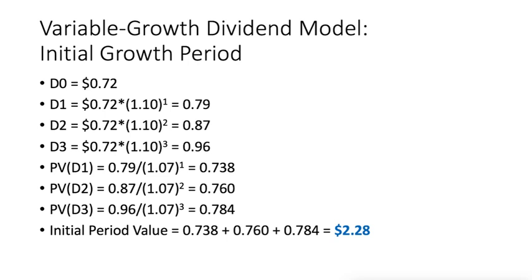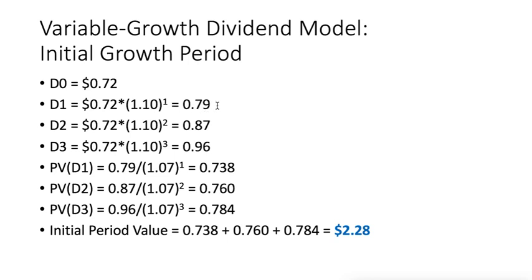Here's the setup: D0, which we know, is 72 cents. We can compute D1, D2, and D3, the dividends in years 1, 2, and 3, simply by multiplying by this rate, 1.10, which comes from the 10% growth rate during the initial growth period.